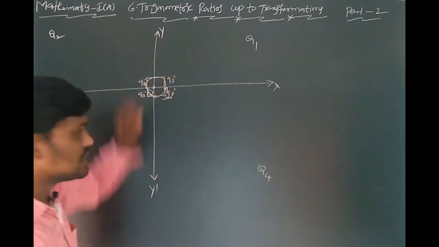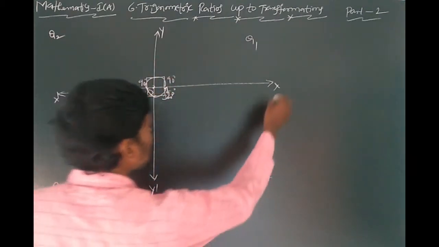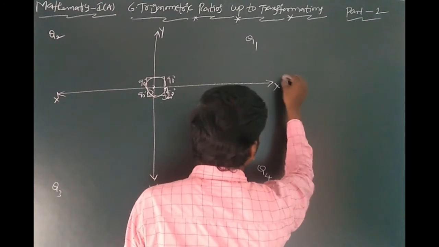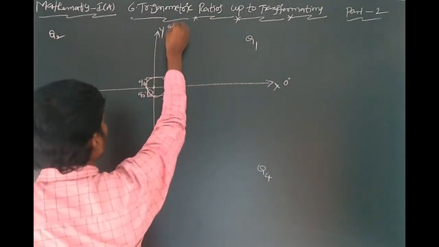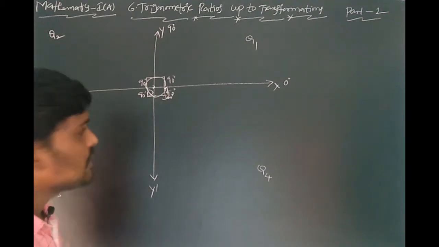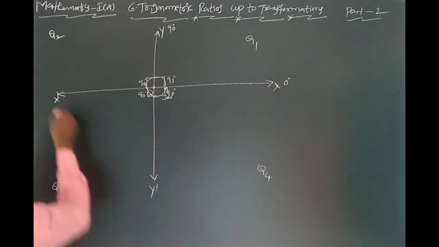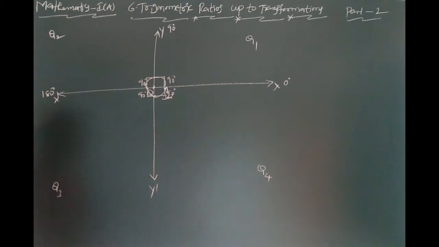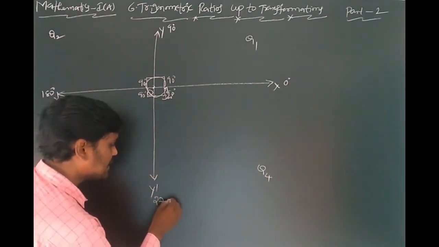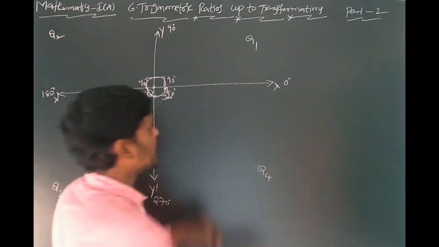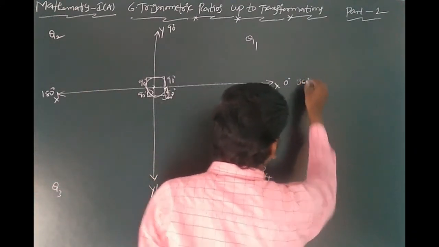Here the total is 360 degrees. Suppose this starting position is 0 degrees. Then this one is 90 degrees, 90 plus 90 is 180 degrees, 180 plus 90 is 270 degrees, and 270 plus 90 is 360 degrees.